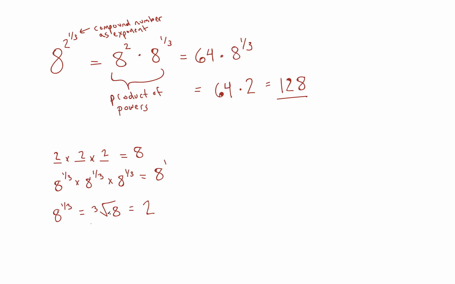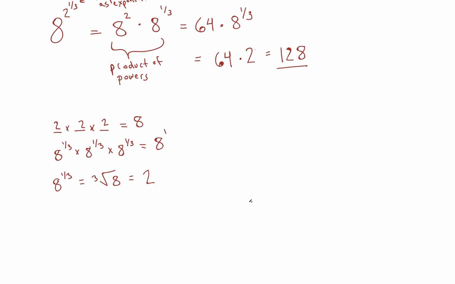Well, okay, what if we have something like 8 to the 2/3? Well, that's 8 to the 1/3 times 8 to the 1/3, which is going to give us 2 times 2.